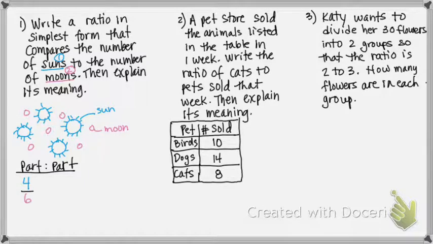Now remember, it did say in simplest form. By the way, it doesn't have to remind you to put it in simplest form. They're both even, so I'm going to divide out a 2. And that takes us down to 2 compared to 3. Remember, when it says explain, it starts with "for every."